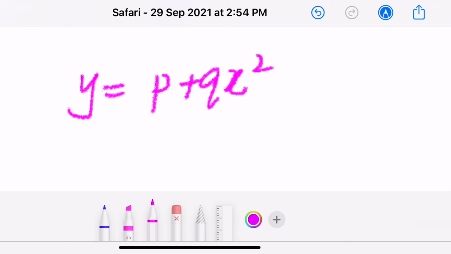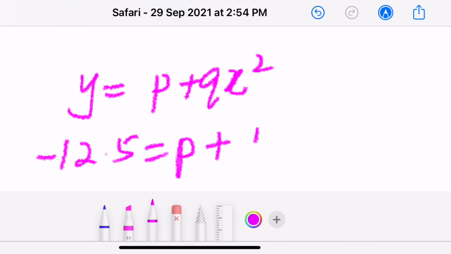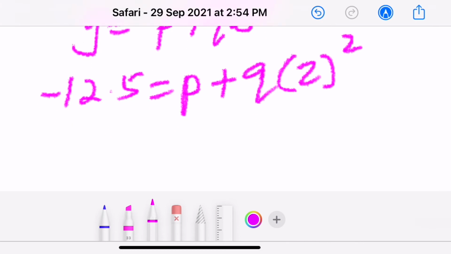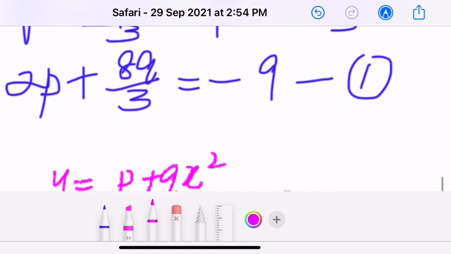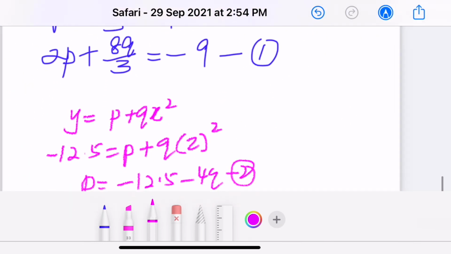So we can substitute y is negative 12.5 equal to p plus q times 2 squared. So I will get p is equal to negative 12.5 minus 4q. So this is equation number 2. We substitute 2 into 1.